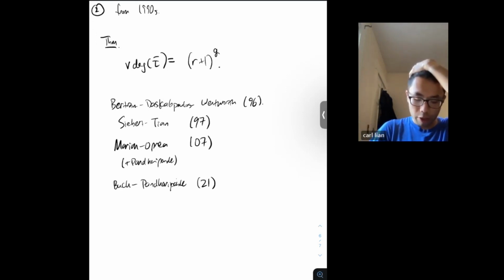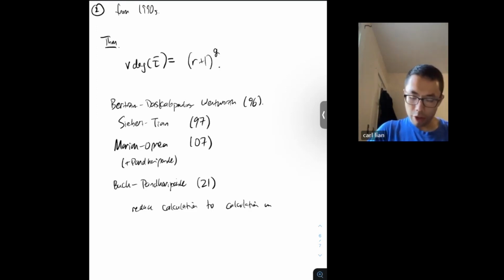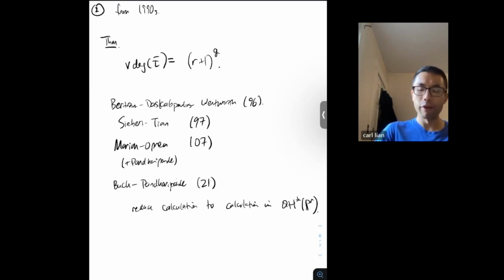So what they explain is that you can reduce the calculation to some sort of calculation in the quantum cohomology of PR. And the quantum cohomology of PR at this point is some sort of easy object, right? So I now view this as actually a rather straightforward calculation.